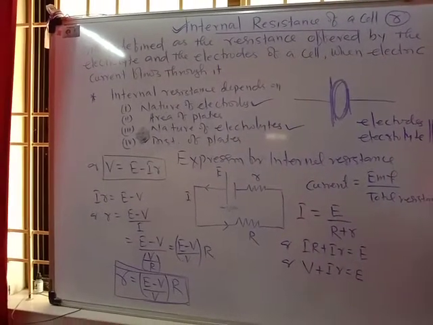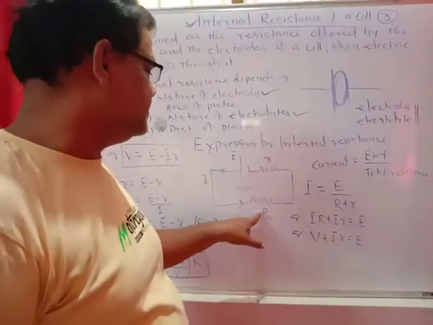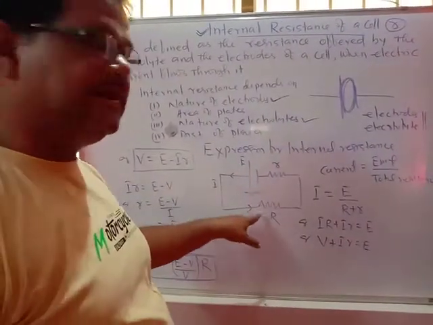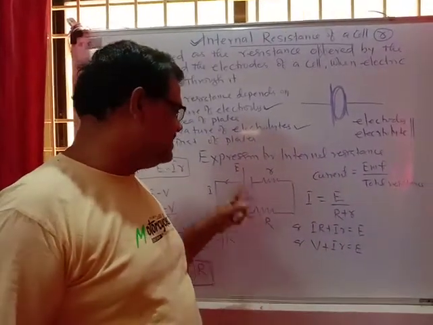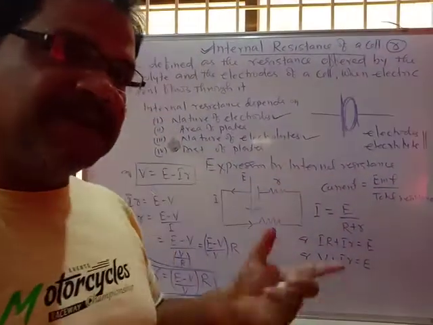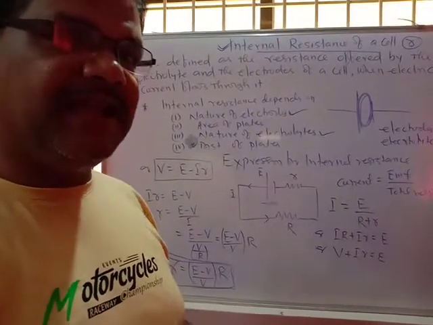And you just see here, the EMF doesn't depend upon the load resistance. If the load resistance increases or decreases, the EMF, the maximum PD of the cell, will be the same.